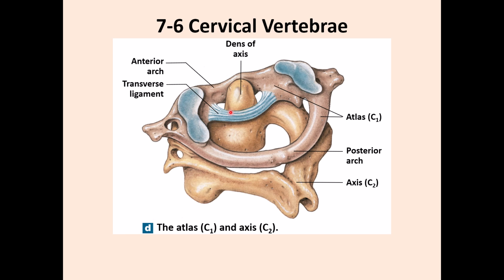These two, the anterior arch and the transverse ligament, prevent anterior-posterior movement of the axis, because if it moves, it can damage the spinal cord. In people with rheumatoid arthritis, that area can be damaged, and they can have pain and may even have paralysis.